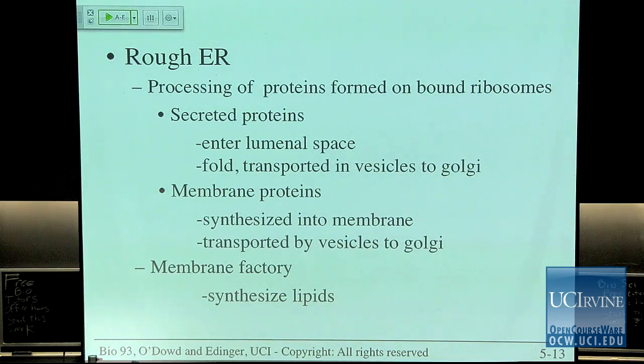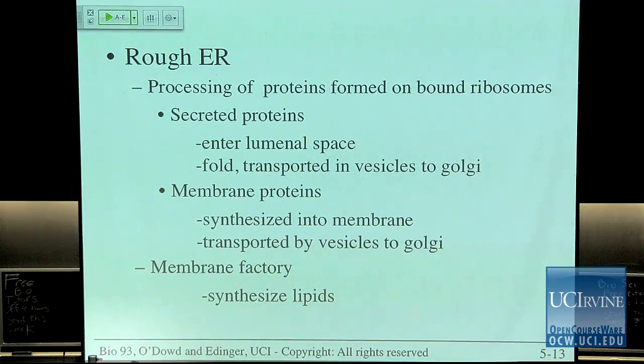I'm going to go over this pretty quickly because we've already talked about it. In the rough ER, we have processing of proteins formed on bound ribosomes. Both secreted and membrane proteins are made in the rough ER. For the secreted proteins, we know they enter the luminal space, so down here, where they fold into their correct shape, and then they're transported in vesicles to the Golgi.